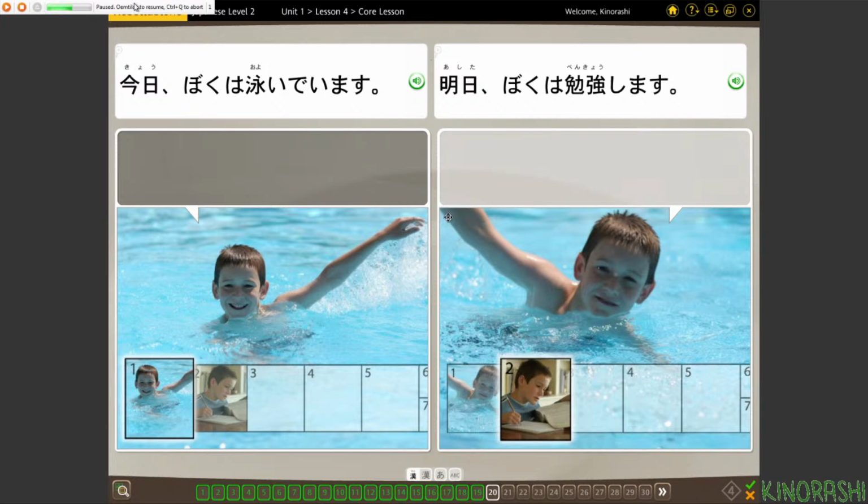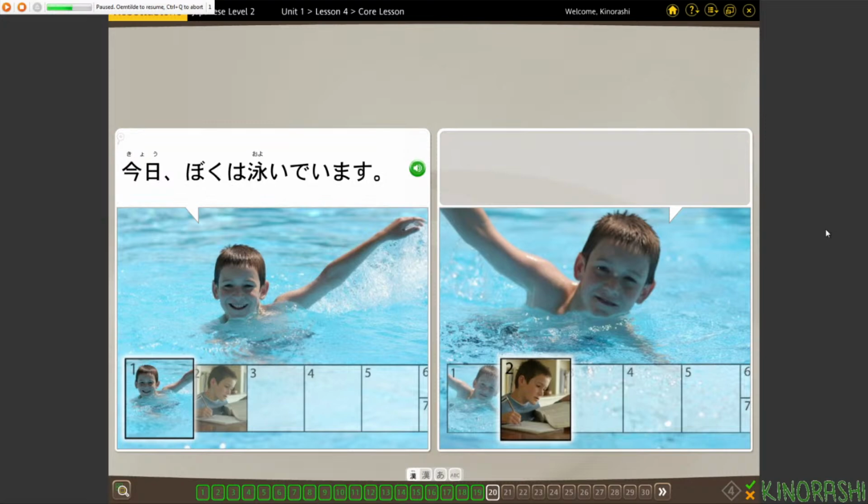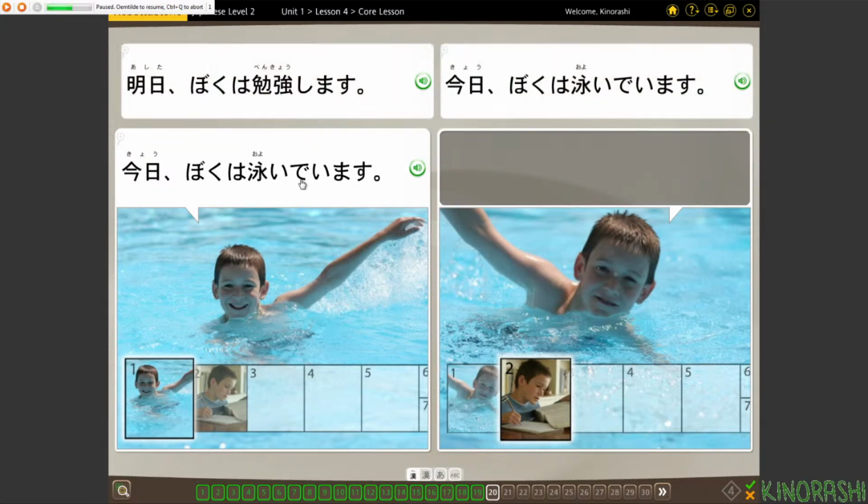So I guess they use that conjugation because you're not saying that you're swimming right now, you're just saying you're swimming today. Kyo, boku wa 泳いでいます。今日僕は泳いでいます。Then again, that's right. Oyoide is the te form.